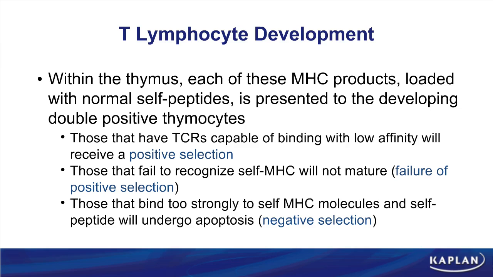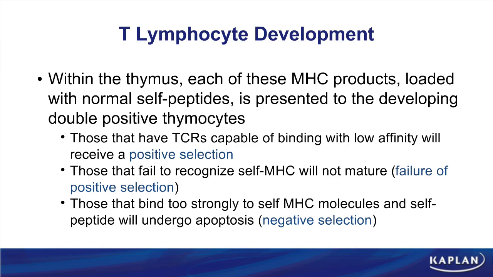And in negative selection, you are trying to determine if that T cell receptor recognizes self-antigen, which in this case is not a good thing. So if a cell has a T cell receptor on it that binds very strongly to both the MHC and to the peptide being presented, it is going to undergo apoptosis.